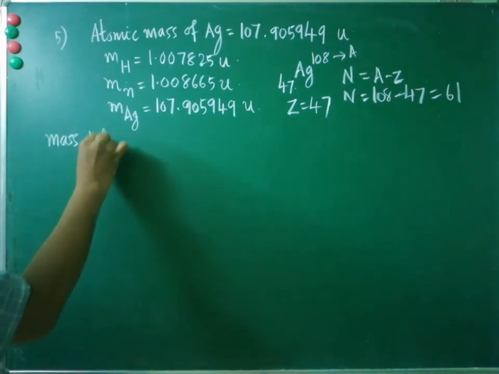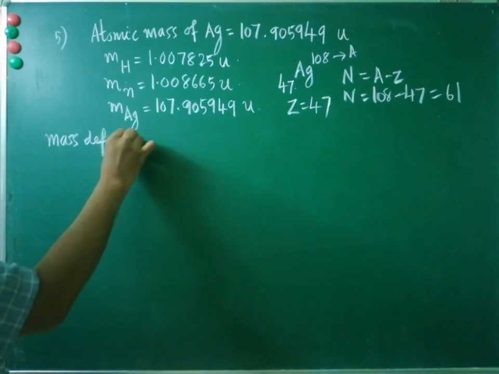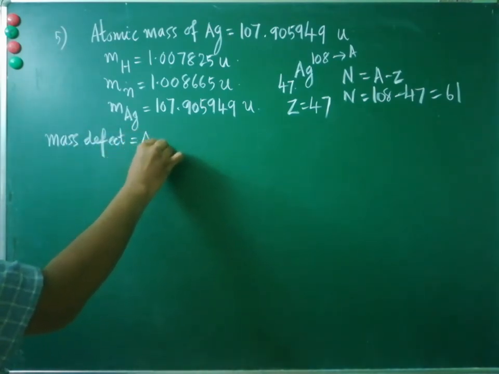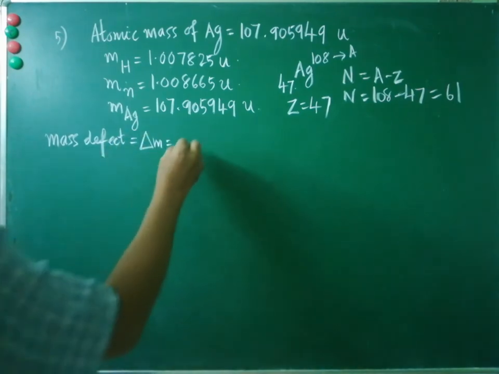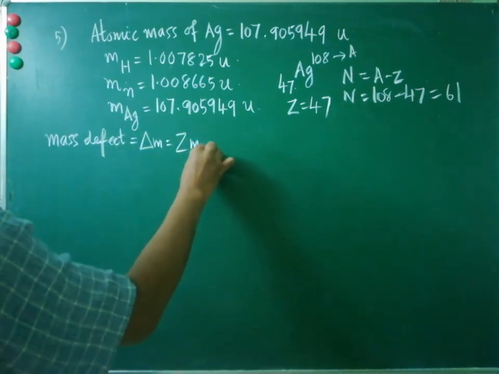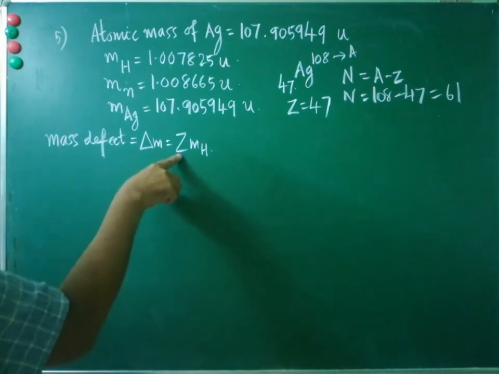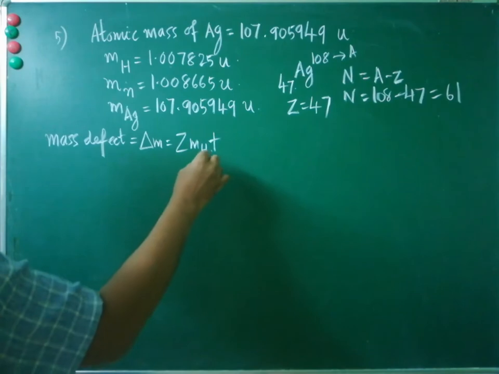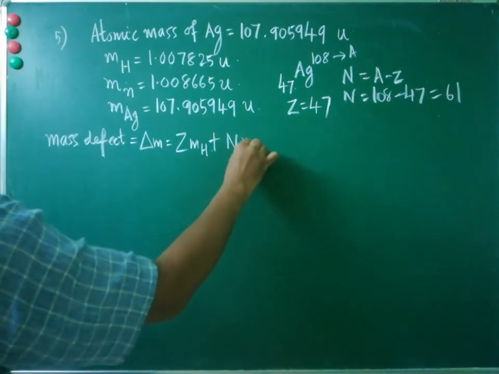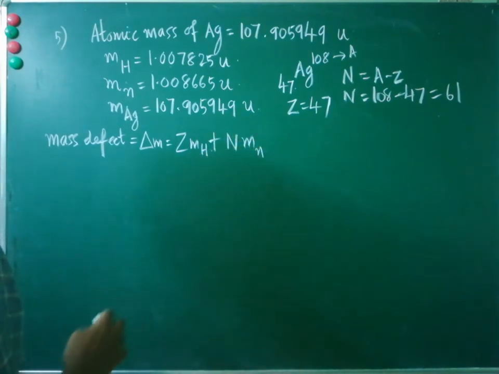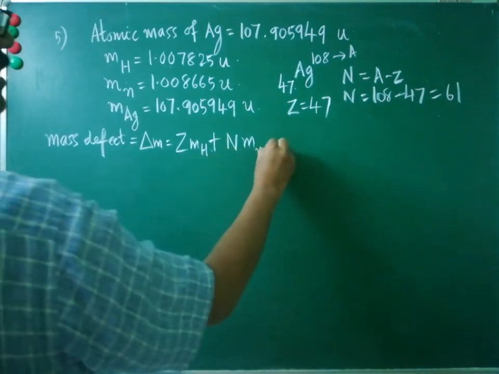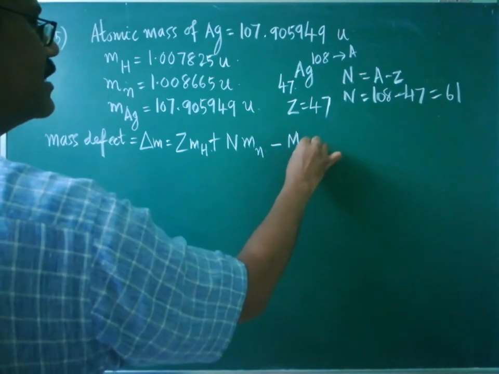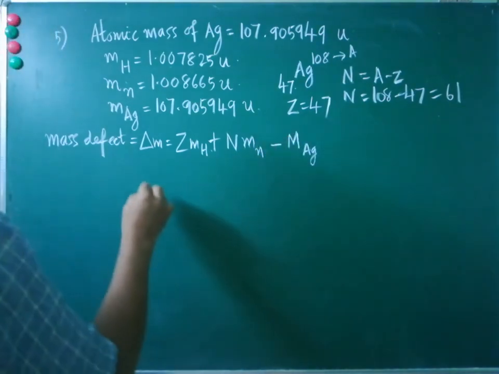Mass defect, represented by the letter del M, is equal to Z M_H, that is the number of protons into the mass of a hydrogen atom, plus the number of neutrons into the mass of a single neutron, minus the atomic mass of the Ag.